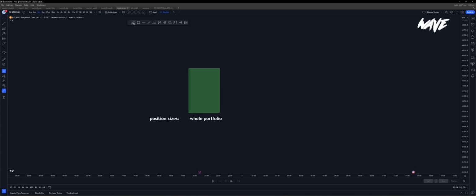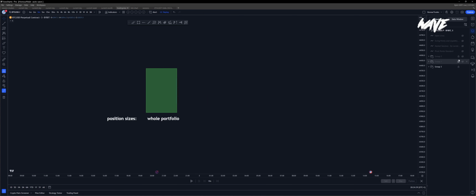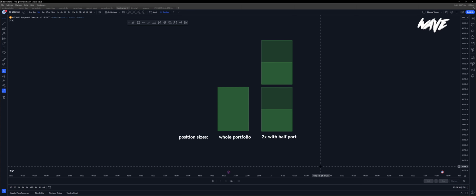So you're basically taking this half and borrowing the other half two times. And we have this here. The part where you put your own money in this trade is always this highlighted area. So this is your own money and the rest is borrowed.